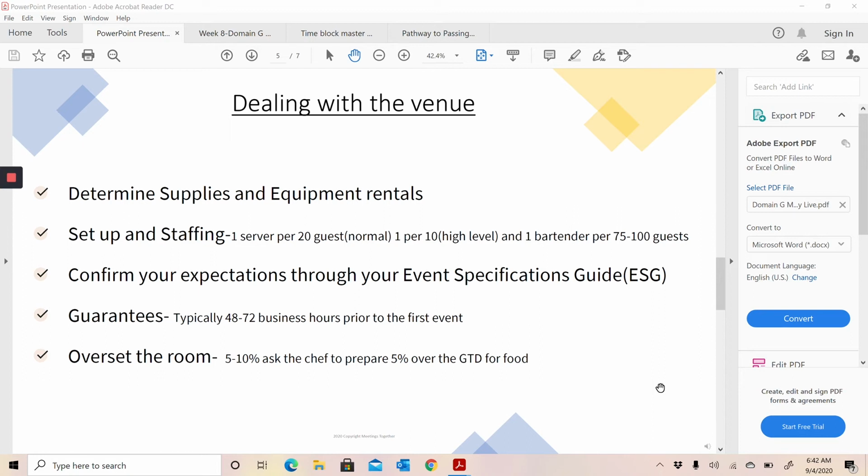And then oversetting the room. So once you've given that guarantee number, the venue will set for 5 to 10% over for the meeting room. So not 5 to 10% for the food. Generally for the food, the chef prepares 5% over the guarantee. Again, some hotels only prepare for 3.